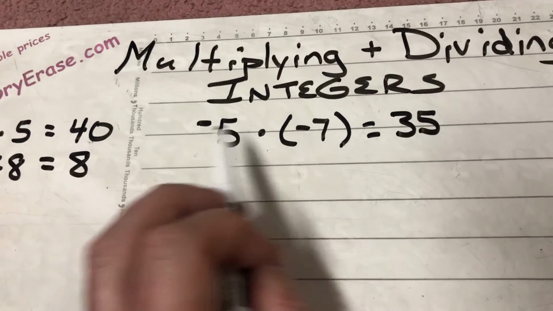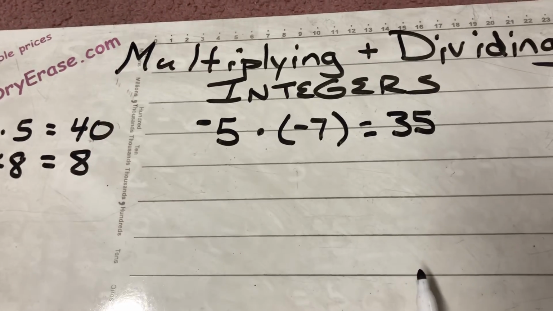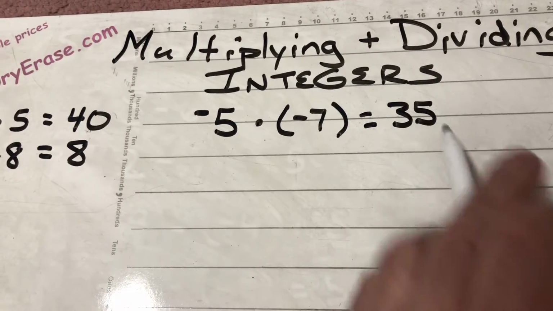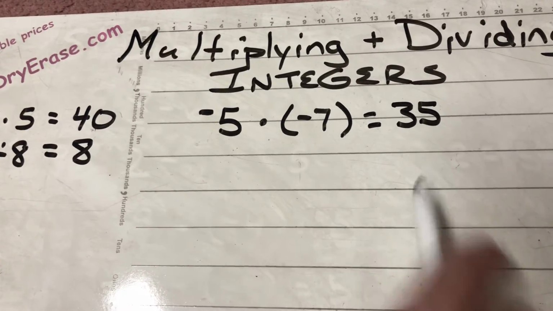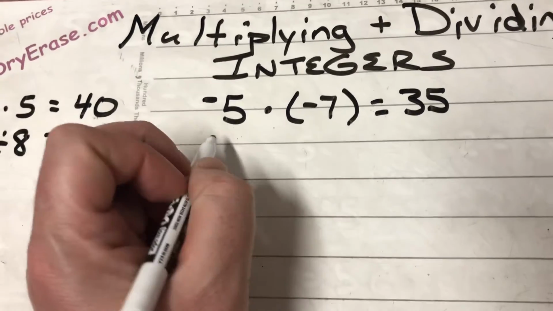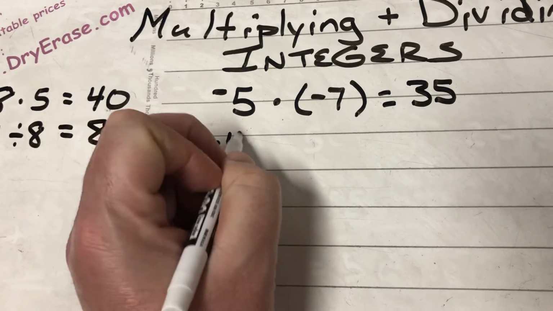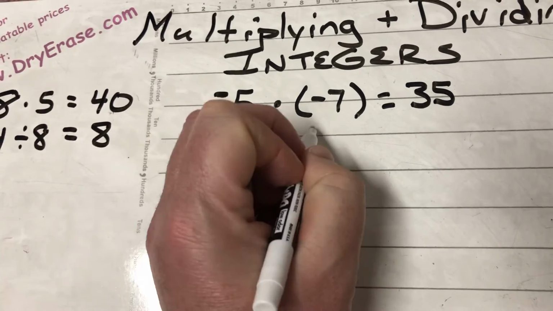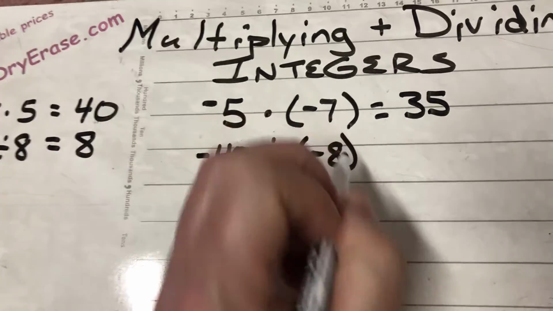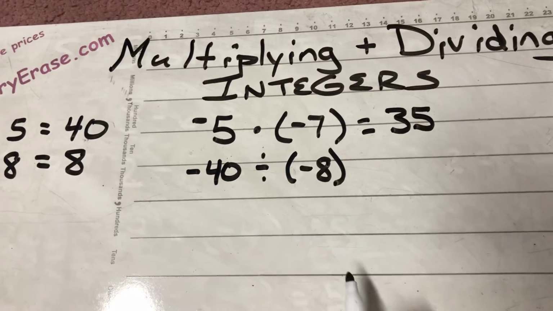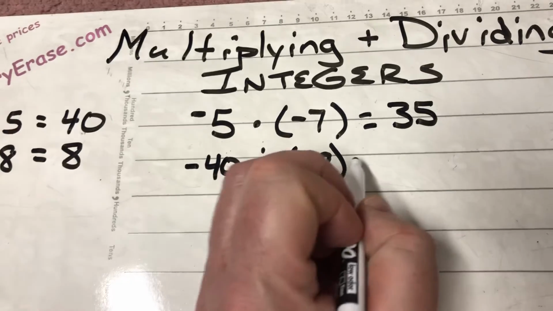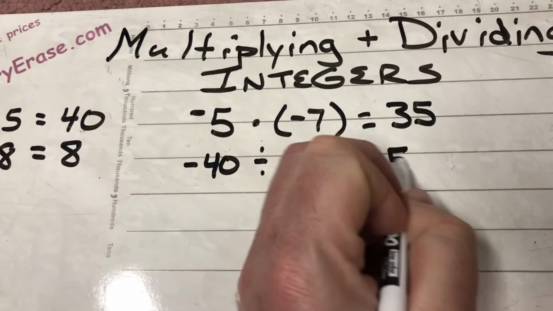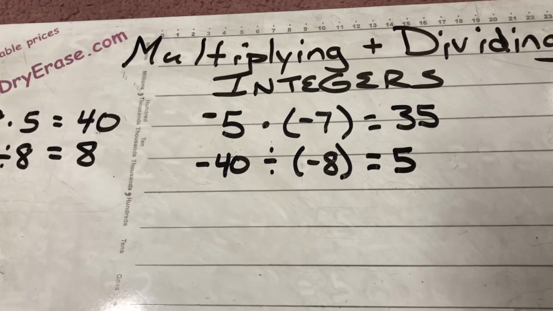But if both numbers are negative in a multiplication or a division problem, the final answer is positive. So a negative 5 times a negative 7 equals a positive 35. Just like a negative 40 divided by a negative 8. Just think 40 divided by 8. Well, that's 5. And since both numbers are negative, the answer is just going to be a positive 5.